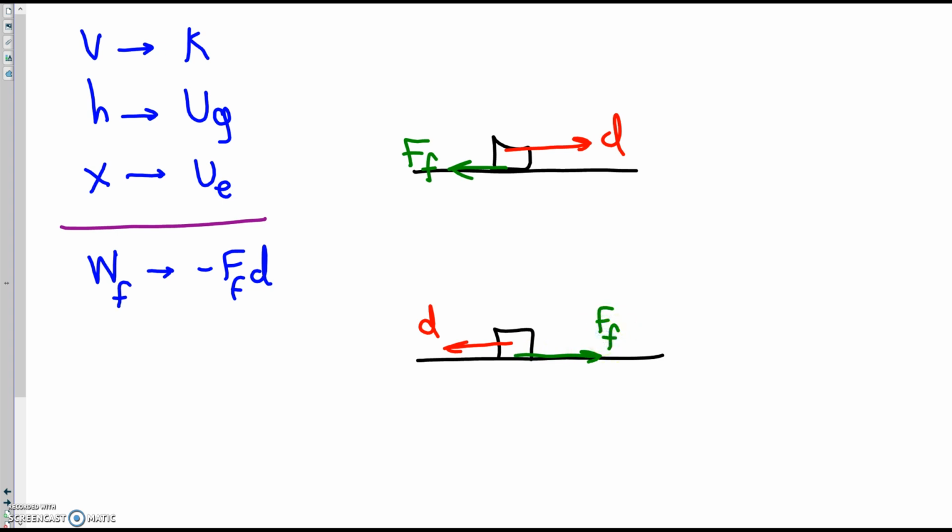But it doesn't have to be kinetic friction or surface friction. Imagine you take a ball and you throw it upward into the air so it travels up. Gravity acts on the ball, but there might be air resistance. Air resistance is a form of friction.